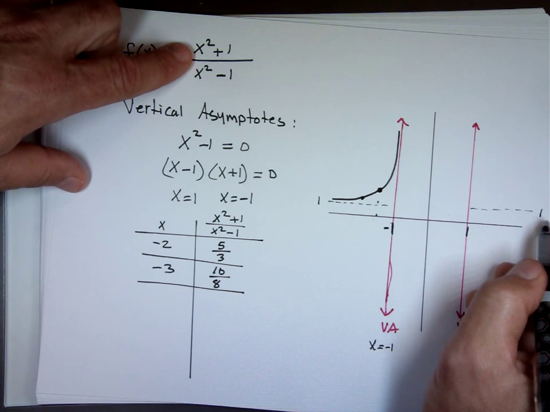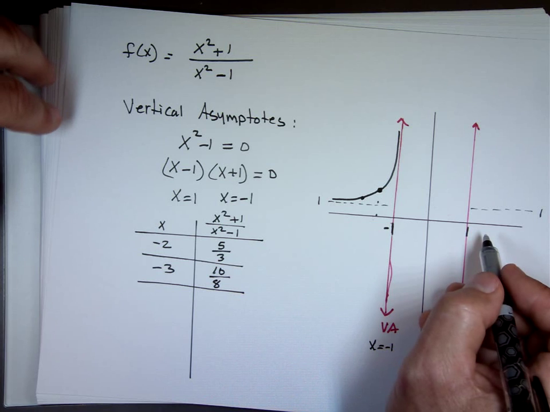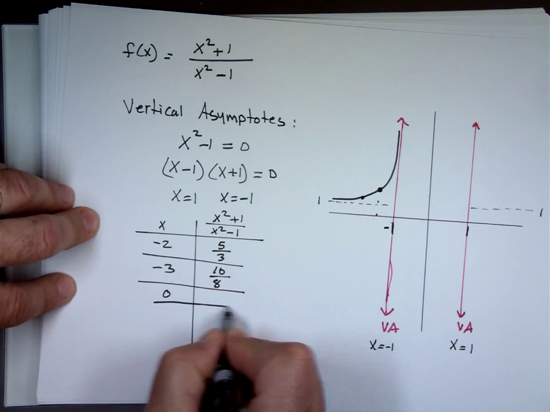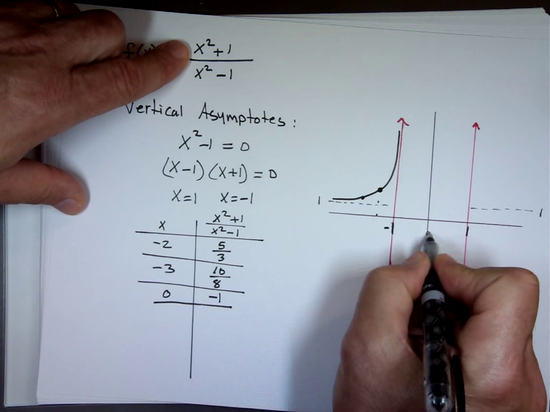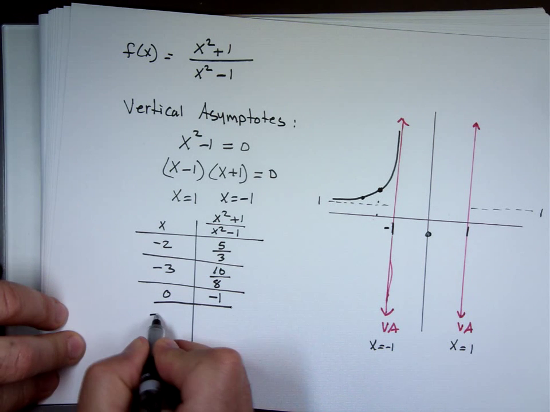Now let's look in between minus 1 and 1. The bad news, I have to use fractions here. Let me start with the 0 first. I don't have to use a calculator for that. That would be a negative 1. Let me use a negative 0.5.